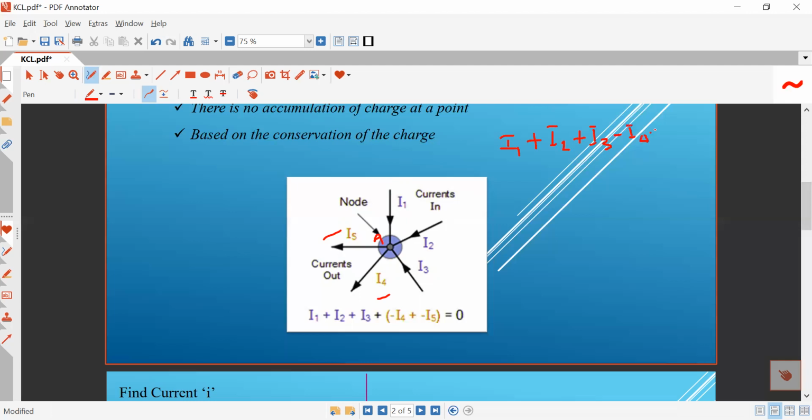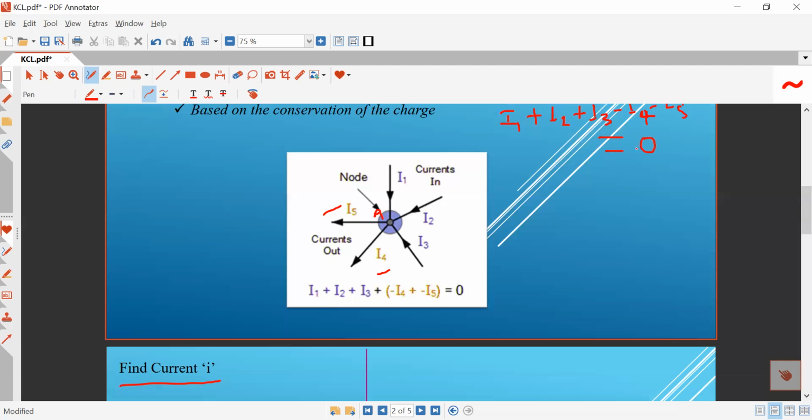In this way, the sum of the current with the sign is the algebraic sum, and according to Kirchhoff current law, this sum will be equal to 0.